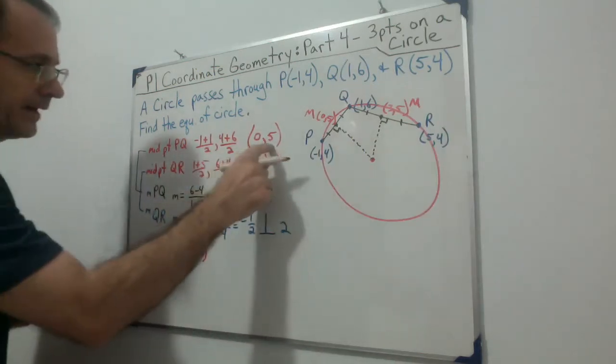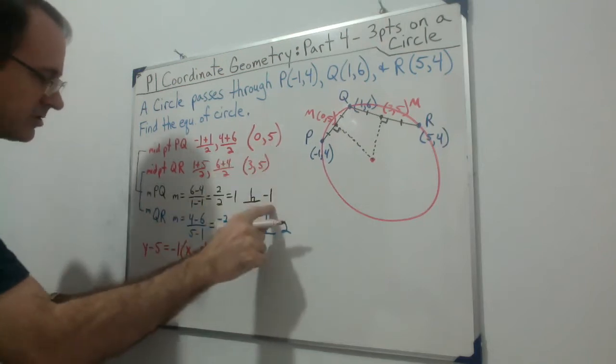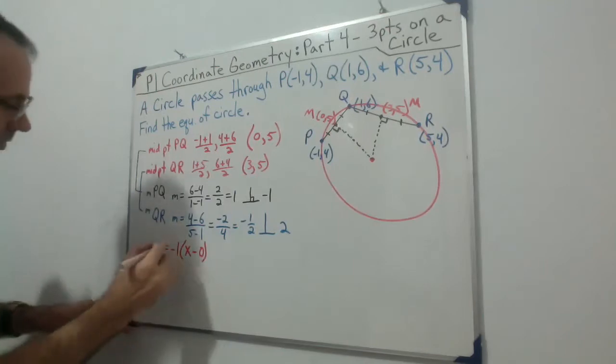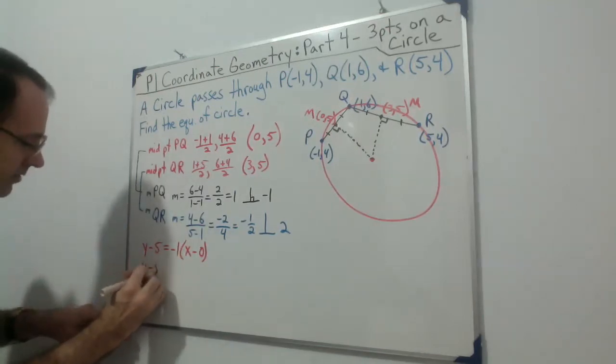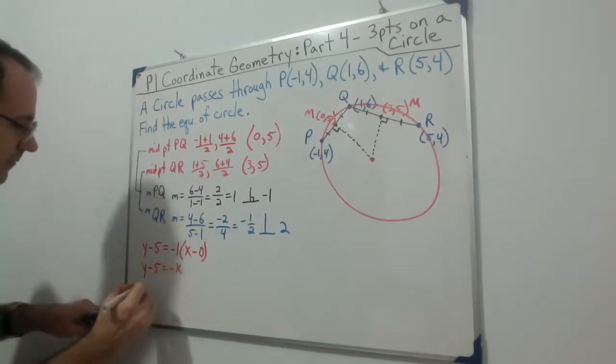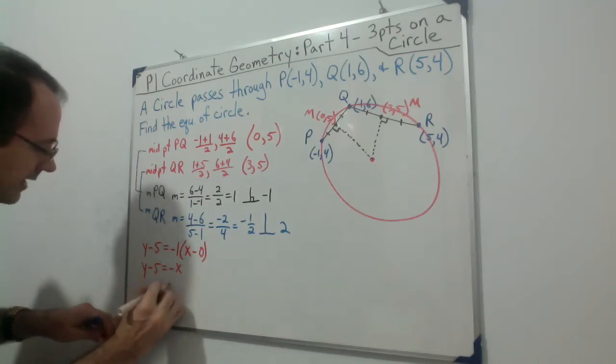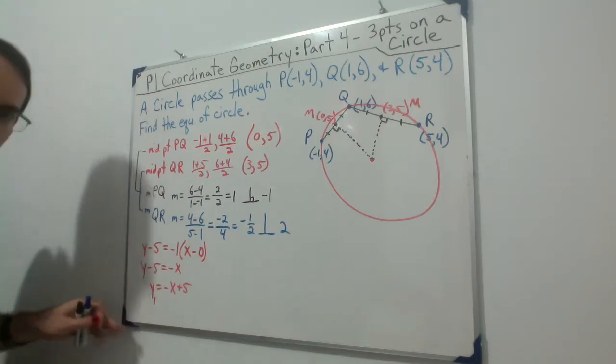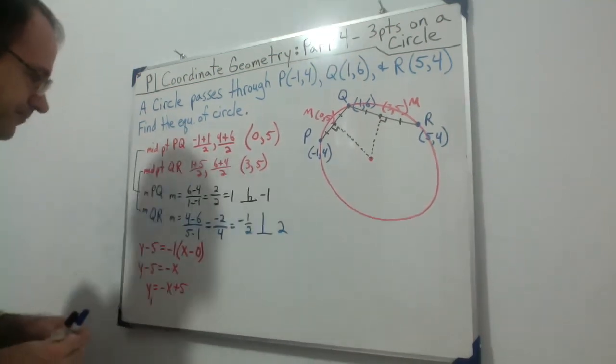So y minus y1 equals our slope times x minus x1. This gives us y minus 5 equals negative x, or y equals negative x plus 5. So this is the first of our perpendicular bisector equations.